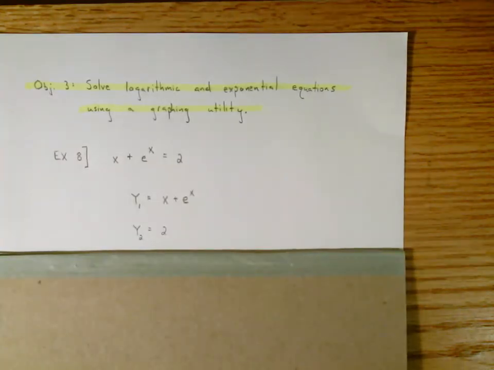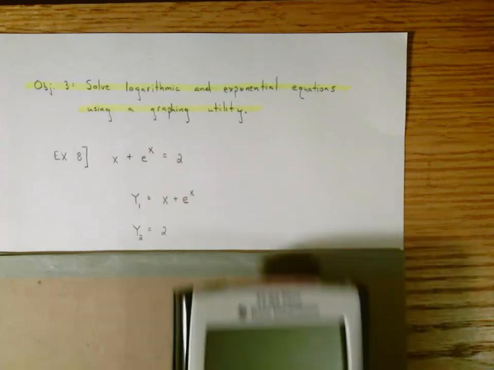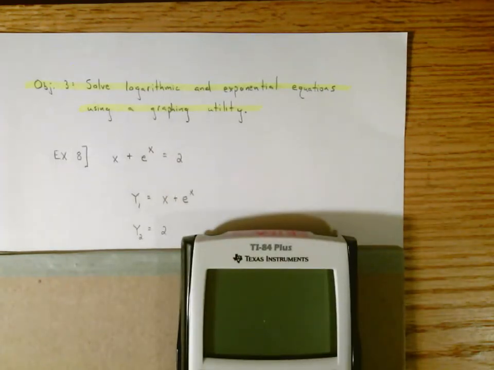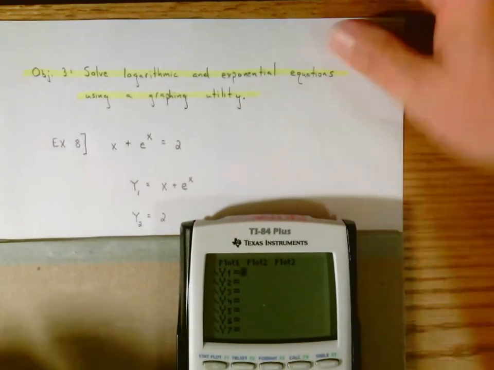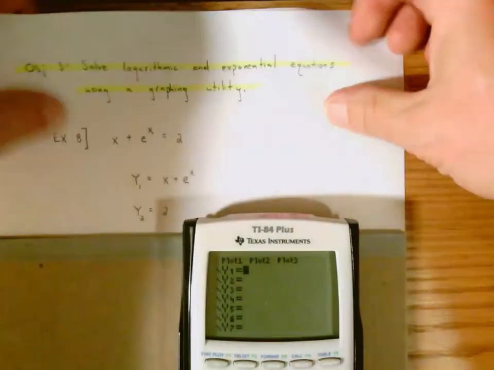So here I'm going to define the two functions I'm going to enter into my graphing calculator. All right. So go ahead and grab your graphing calculator. In our y equals menu, let's clear out our earlier problem.